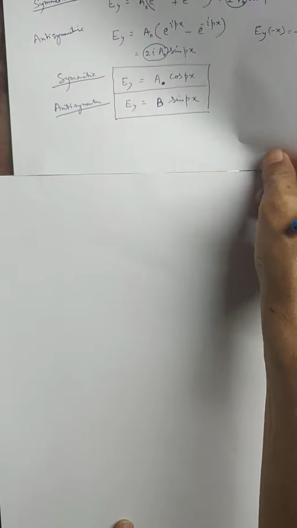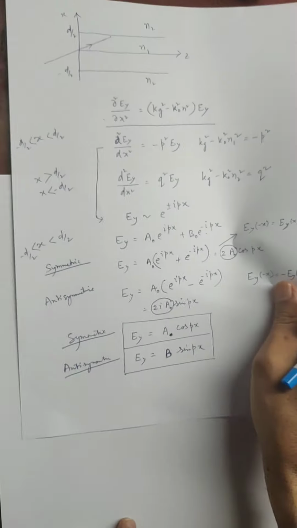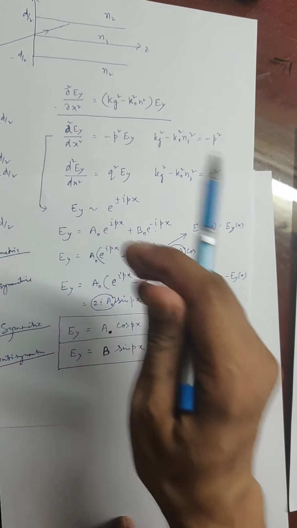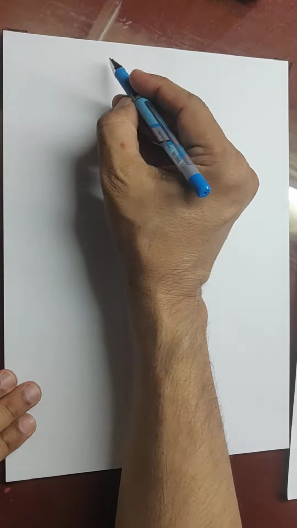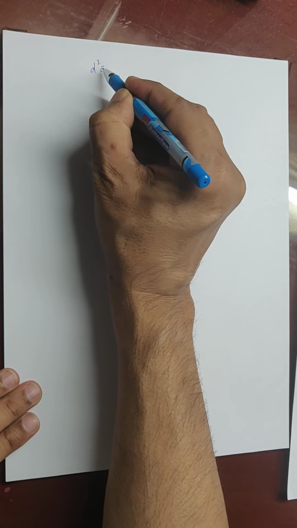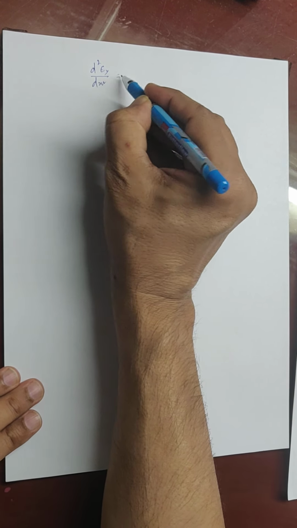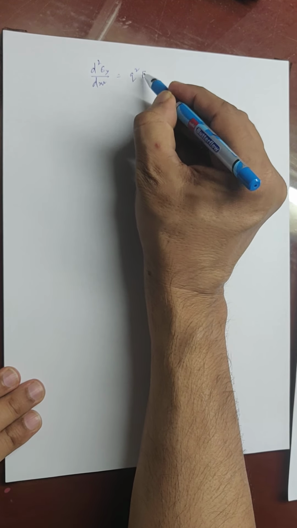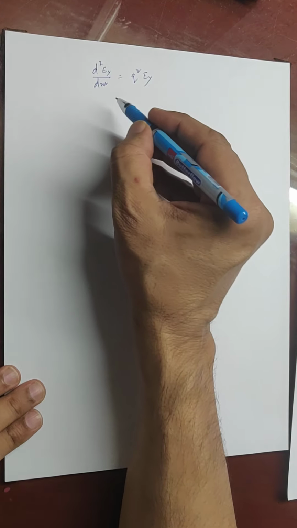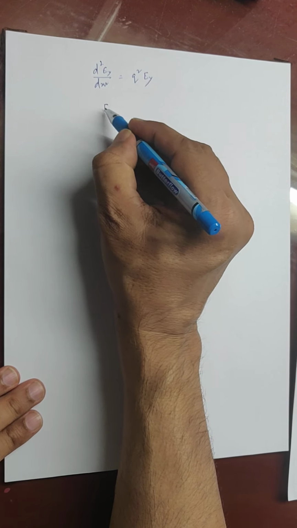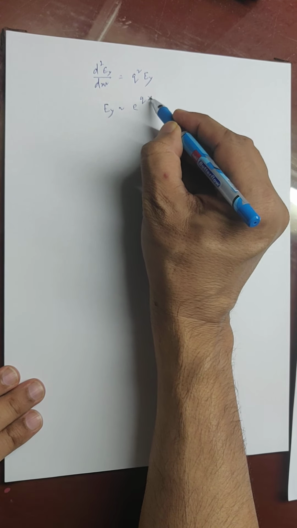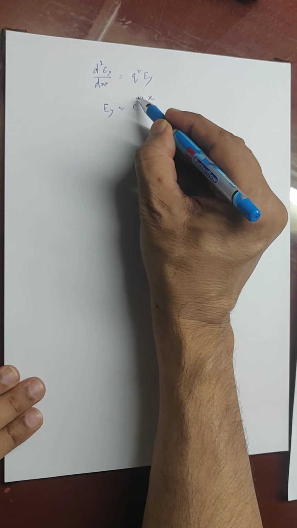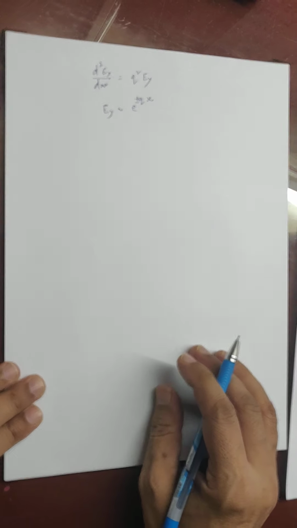Okay, similarly we can do it for the other one. We take the case when x is greater than d by 2 and x is less than minus d by 2. For these cases the equation is d2Ey by dx2 is equal to q square Ey, and the solution of this would be of the form e to the power qx, and you could have plus minus, so e to the power plus minus qx.